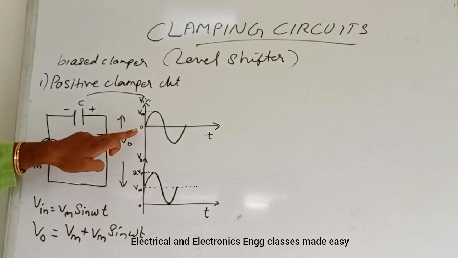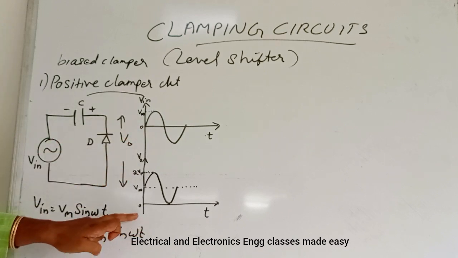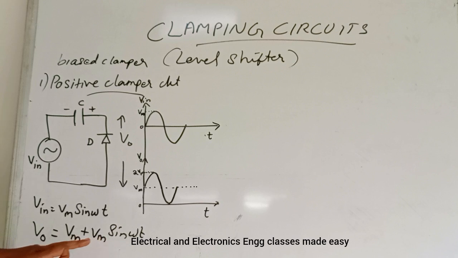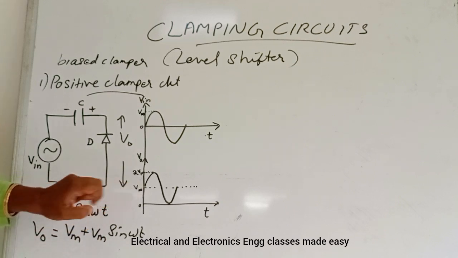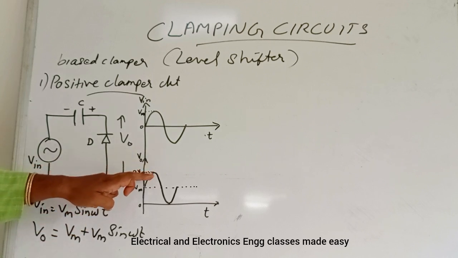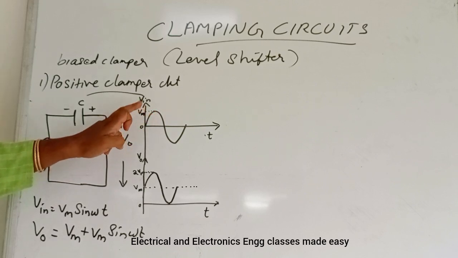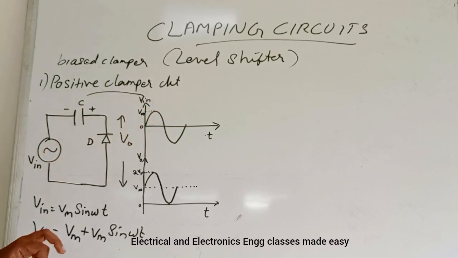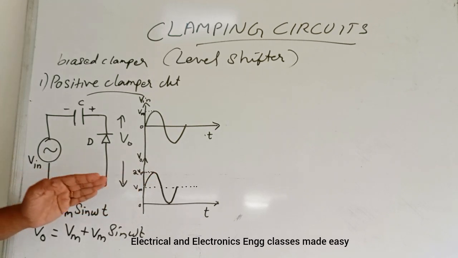When Vin is 0, the output is 0 plus Vm, that is Vm, which is the first value. Then at the maximum value, when Vin is equal to Vm, we get Vm plus Vm, that is 2Vm.